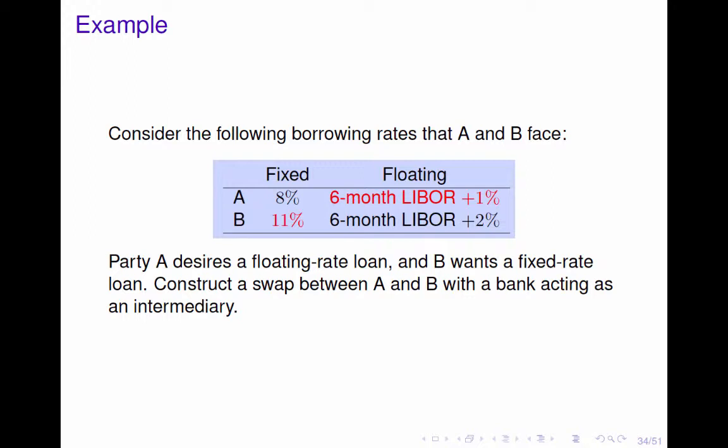Now, A desires a floating rate loan and B wants a fixed rate loan. It is clear from the table that A is actually more competitive in the fixed rate market. Can you construct a swap between A and B with a bank acting as an intermediary so that all the parties will benefit?